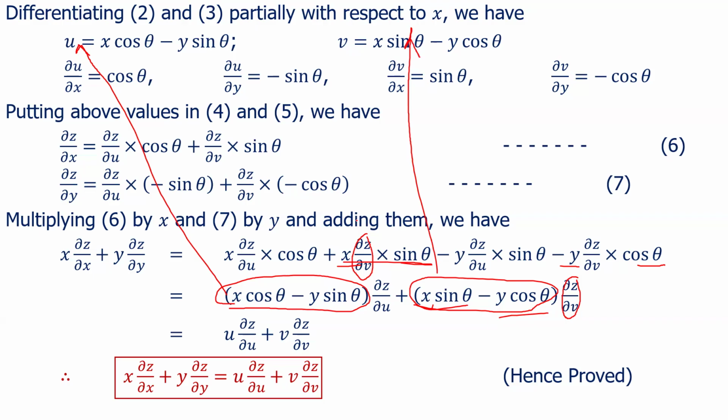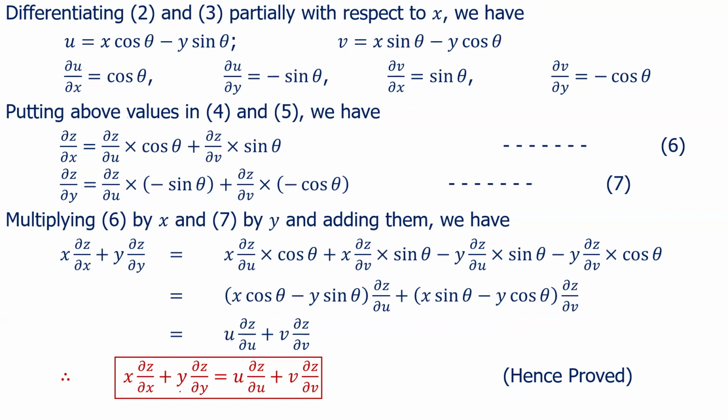So we can substitute these values. This gives x ∂z/∂x plus y ∂z/∂y on the left hand side, which is equal to u ∂z/∂u plus v ∂z/∂v. And this is the desired result, hence proved. Thank you.